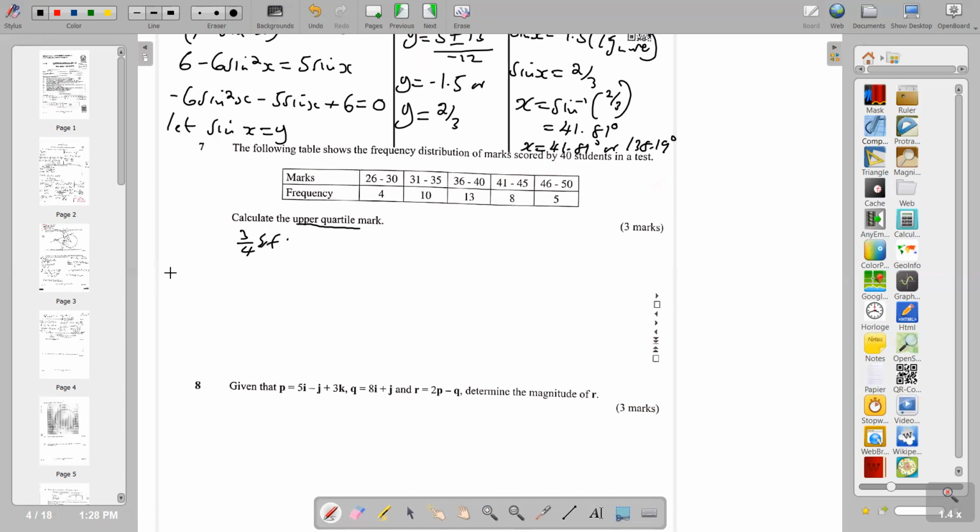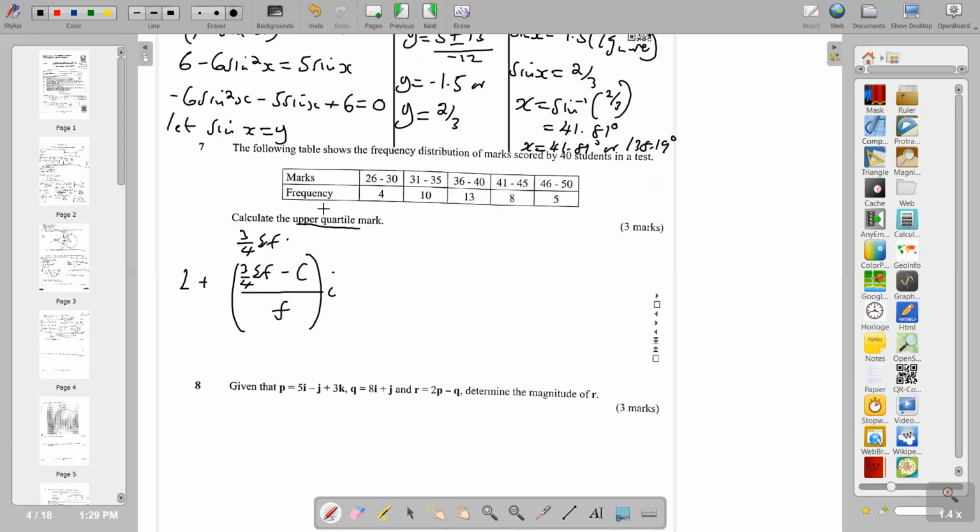So the formula of median, now improvised, will be L plus 3/4 summation f minus C over f into brackets I. Where L is the lower class boundary of where the quartile lies, C is the cumulative frequency above where the quartile lies, F is the frequency of where the quartile lies, and I is the class width.